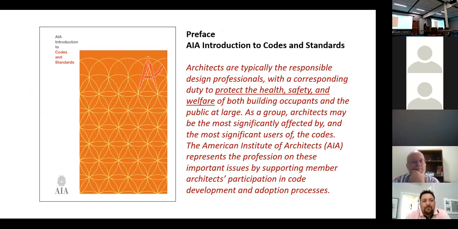So I'm just starting at the top of the list. And AIA, and you guys that are part of AIA are probably familiar with this, recognize that they may be the most significantly affected by and the most significant users of the codes. And so they say they have a duty to protect health, safety, and welfare.